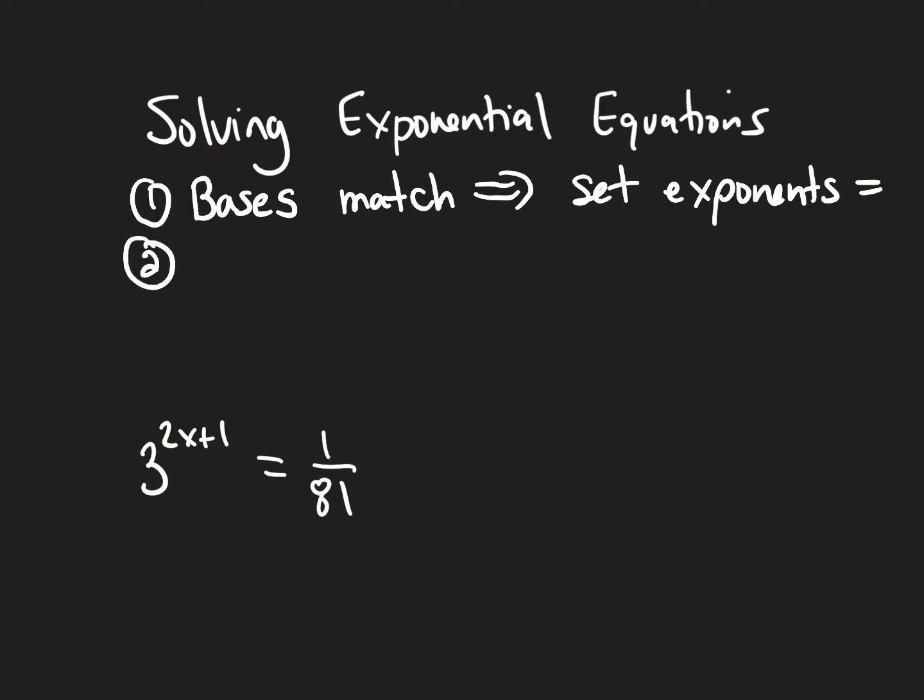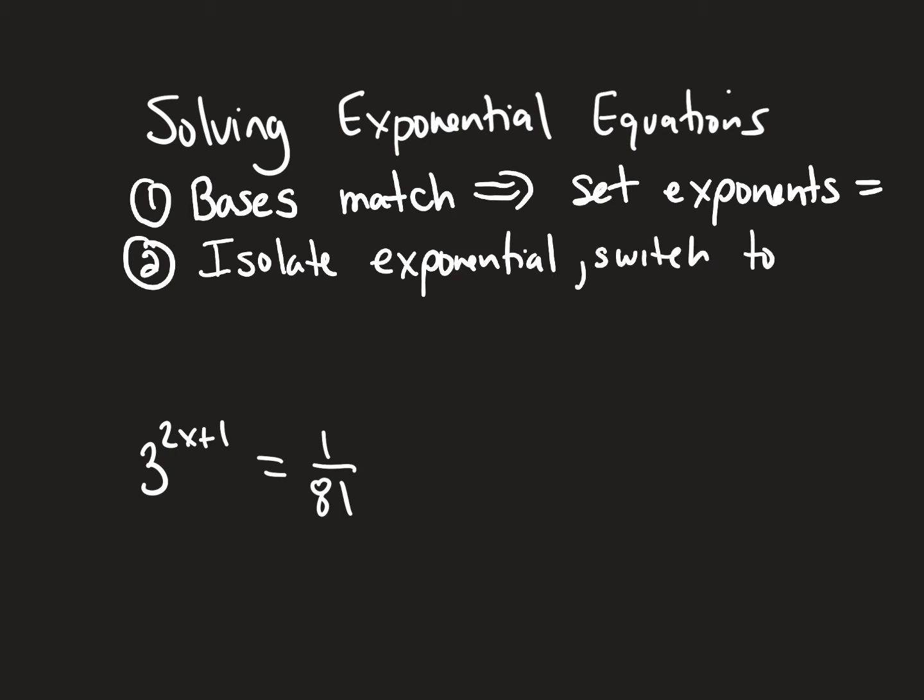The second part is we want to isolate the exponential and then switch to log. This works really well if you have only one variable, like if you only have one x in one of the terms. If you have multiple terms with x's, this does not work so well.